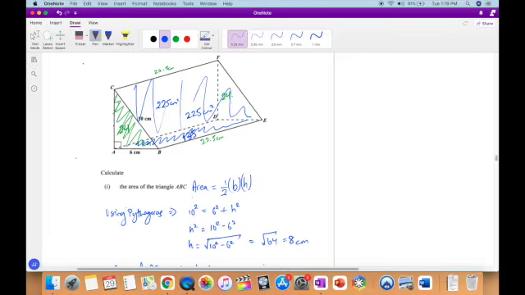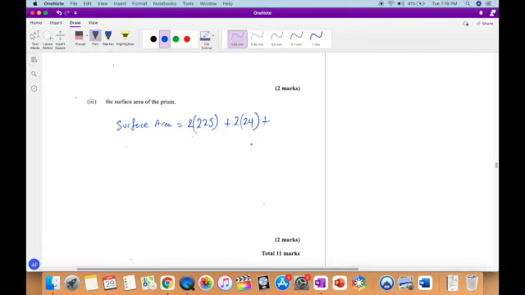So 225 times 2, 24 times 2, and then 135 at the base. And that gives us 225 times 2 is 450 plus 48 plus 135, and that will give us 633 centimeters squared, and that is the full surface area.